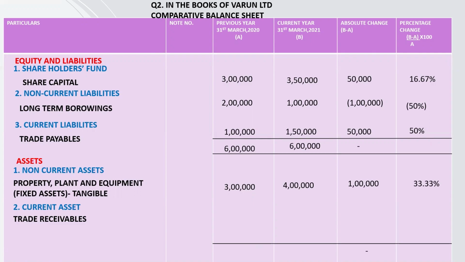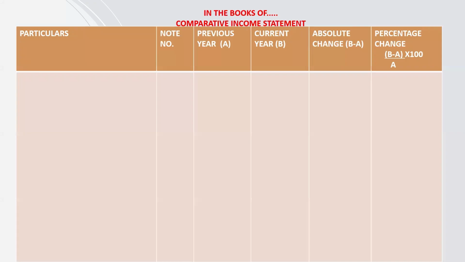The value of opening, that is previous year trade receivable, is 3 lakh and the current year balance is 2 lakh. Again, we have a negative balance of rupees 1 lakh. So when we calculate the percentage, we get a negative percentage, that is 33.33%. We will write the total of the asset side. No need to calculate the percentage as the total absolute change is 0.